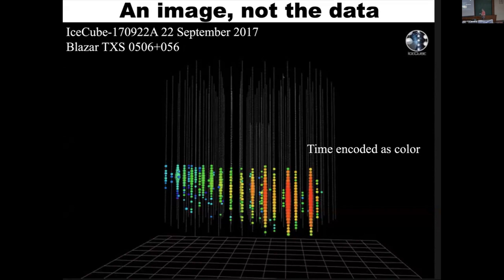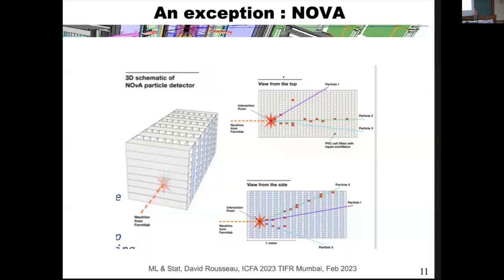One event is like that, and it's time encoded. The muon comes from the left, the color encodes the time delay, and the size encodes the energy. You can do nice images, but to deal with these images, you cannot do it. You really have to go to the data itself.